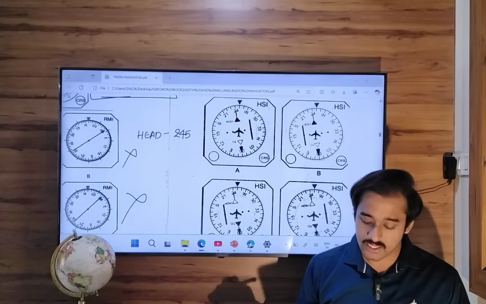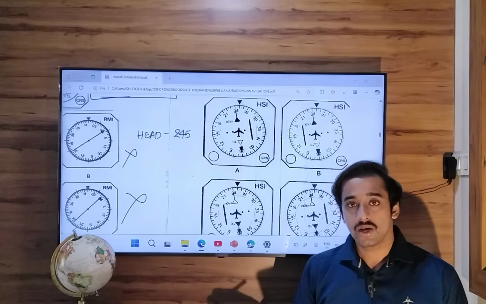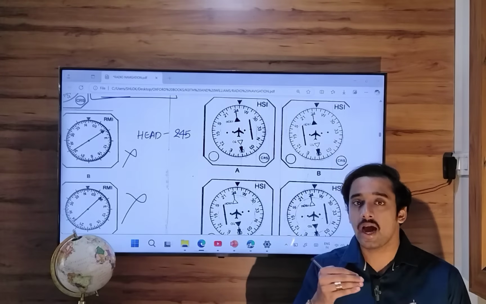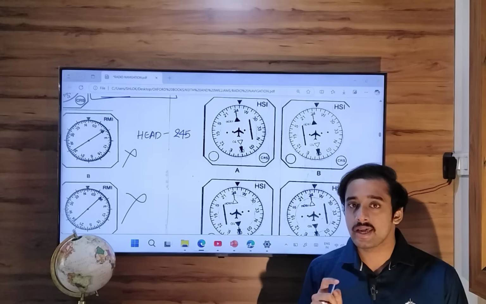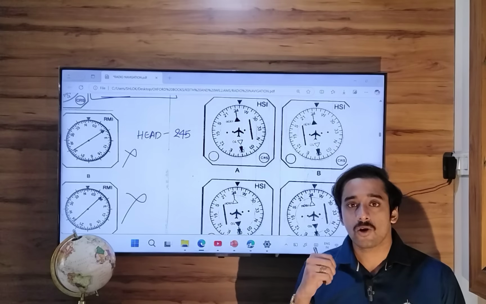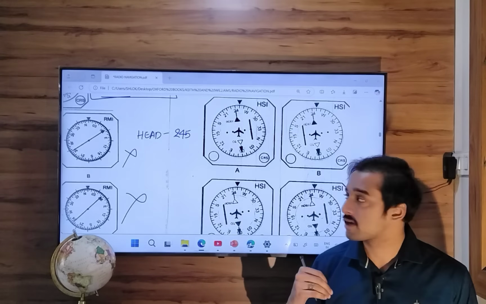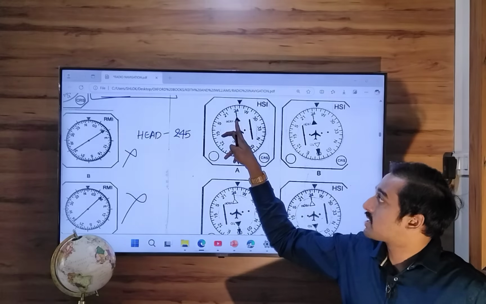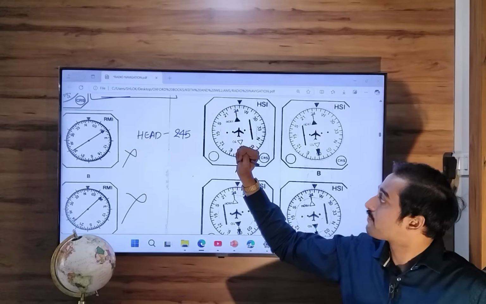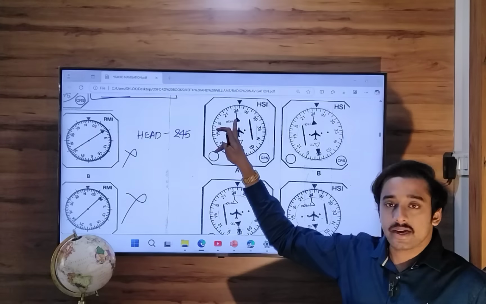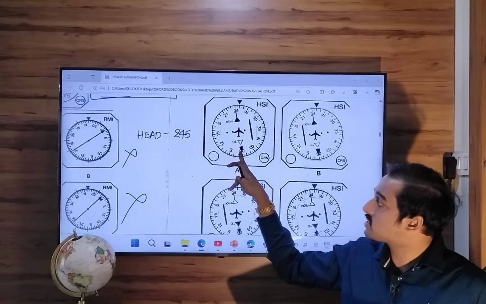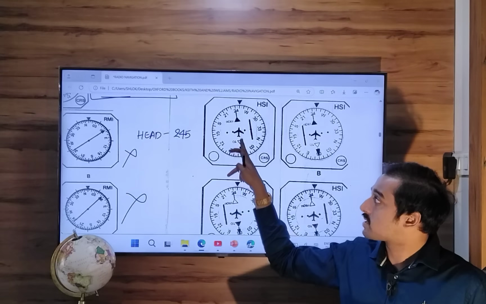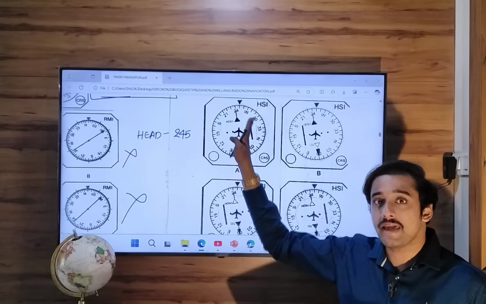And the figure which has a from indication here is, to get a from indication, the small triangle should be behind the aircraft. In case of a to indication, it should be ahead of the aircraft. For a from indication, it should be behind the aircraft. So look at this figure. The from indication, the triangle is behind the aircraft, because course is 060, and the triangle should be behind it.